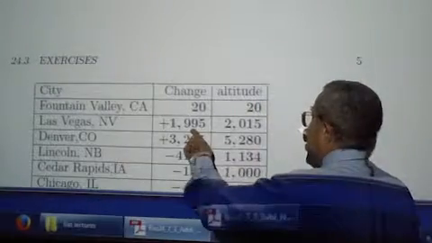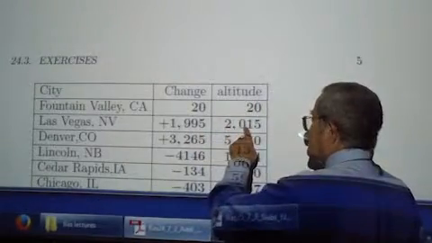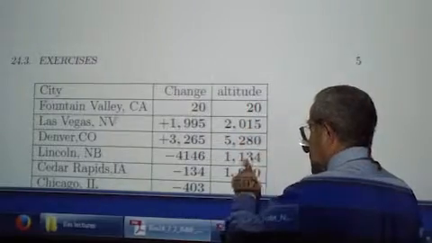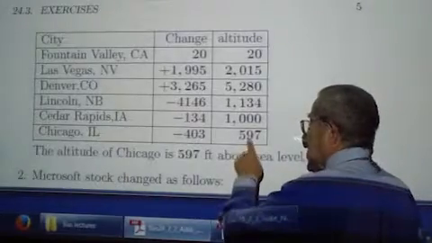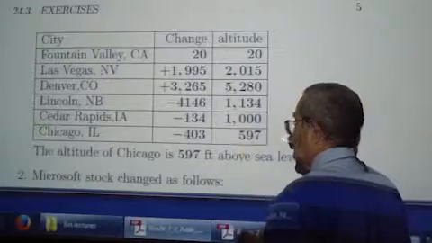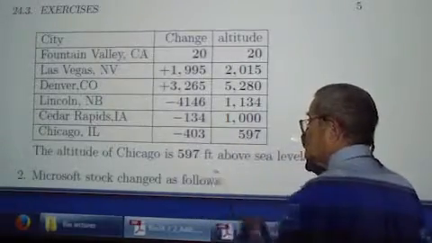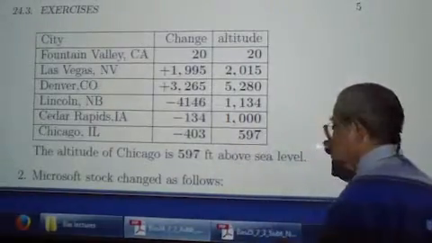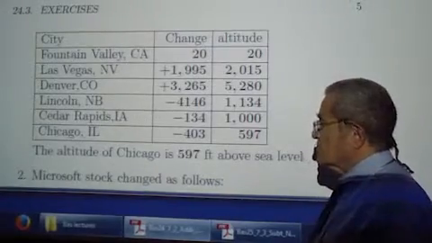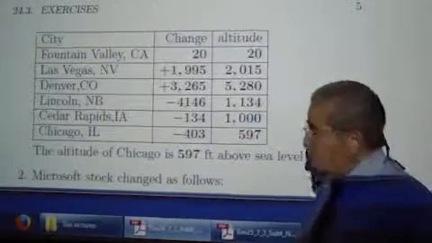So you add this number to that one, that's your new altitude, above zero. So 597 feet above zero, which is the altitude of Chicago. Oh well, so much for that example.